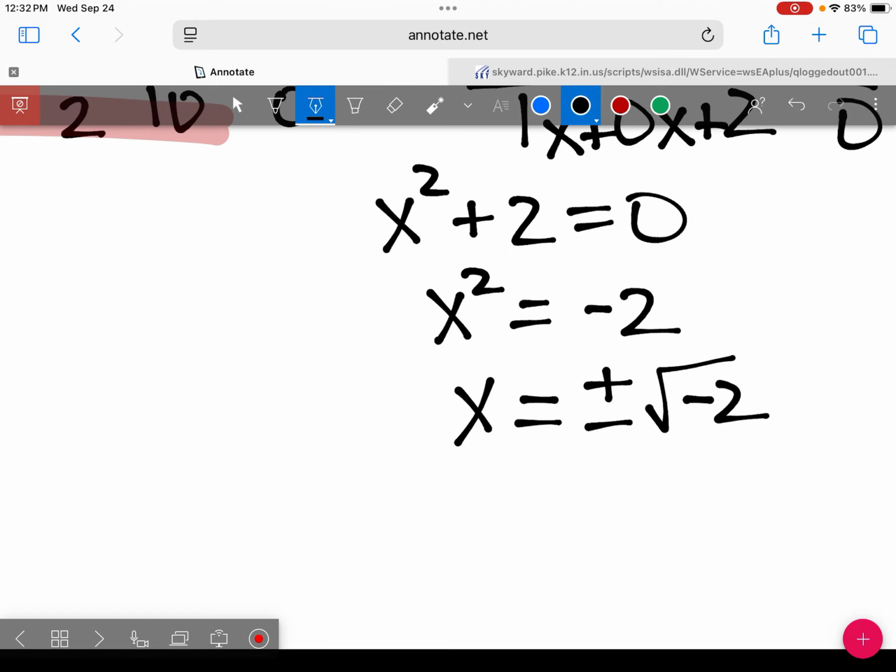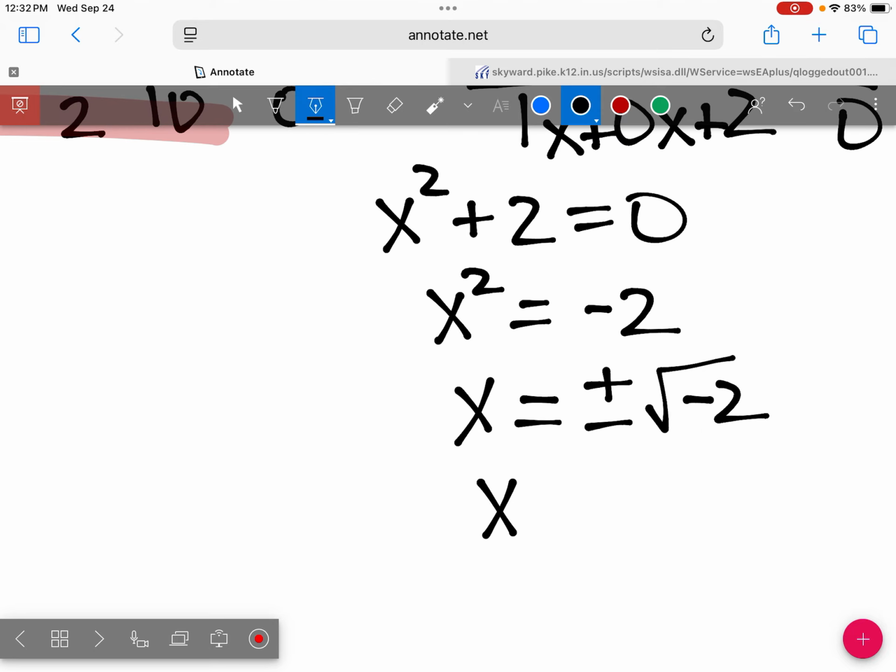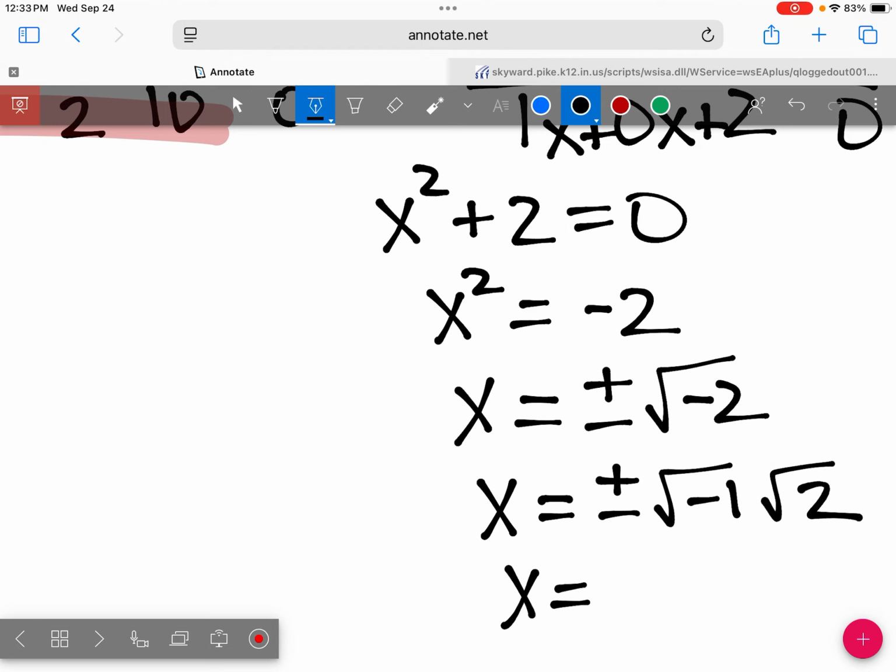Whenever you have a negative underneath a radical, you have to take it out. Now, technically, i should be in front of a radical, not behind it. Some of you did this, which is not wrong, but it should be written the other way.